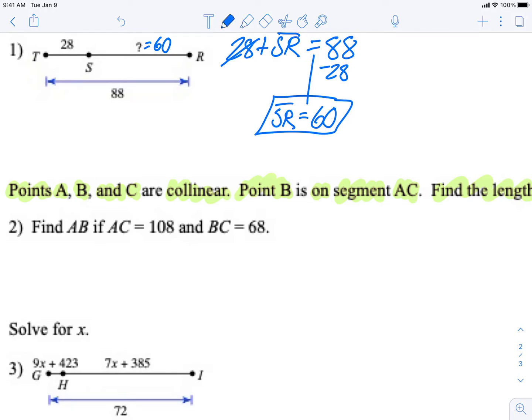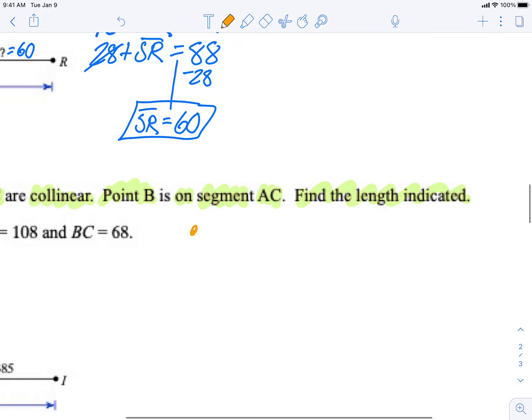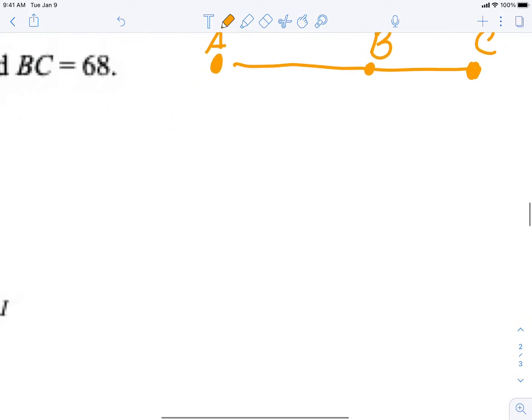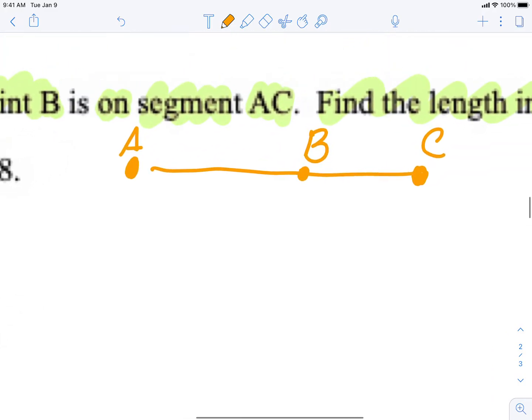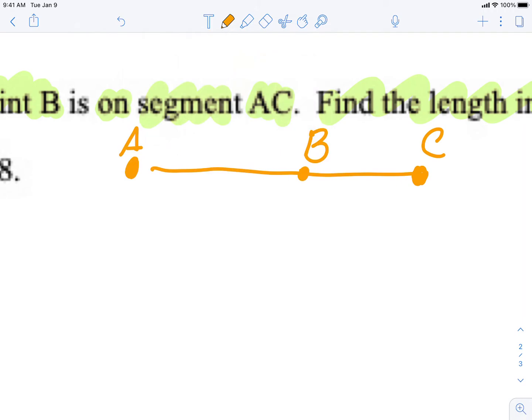First let's draw our segment, right? So if I have my A here, I know the end of the street is C. B is somewhere on that segment. I'll do it here, just like this. So let's draw our setup.